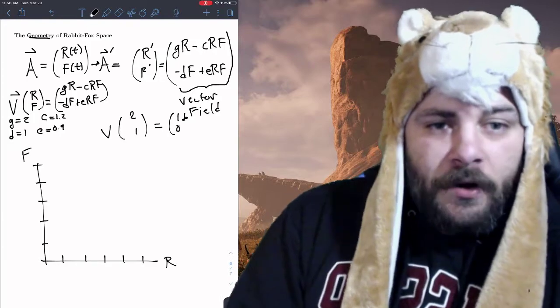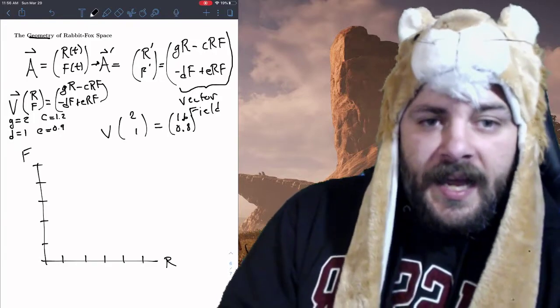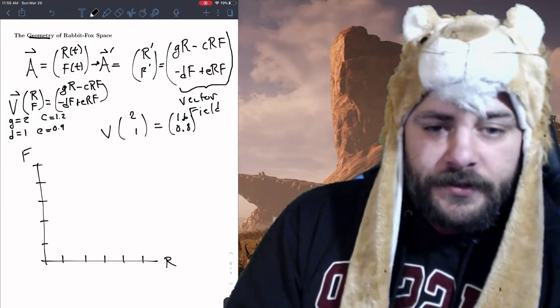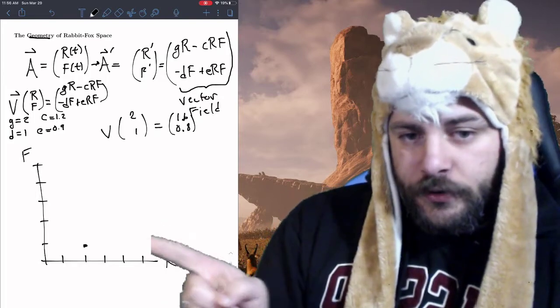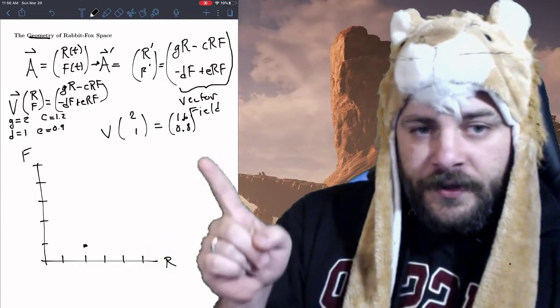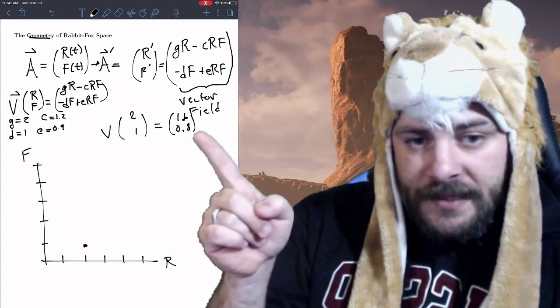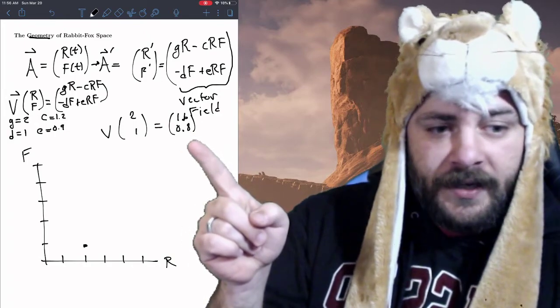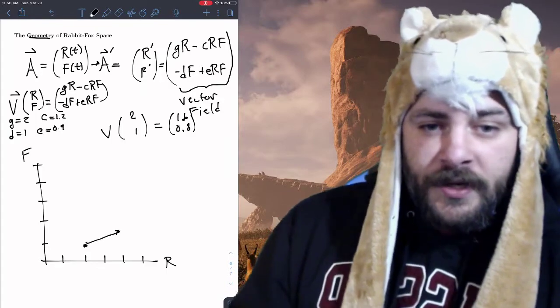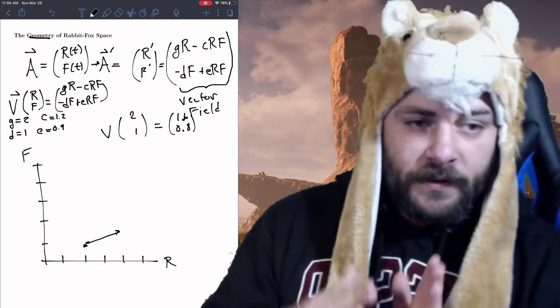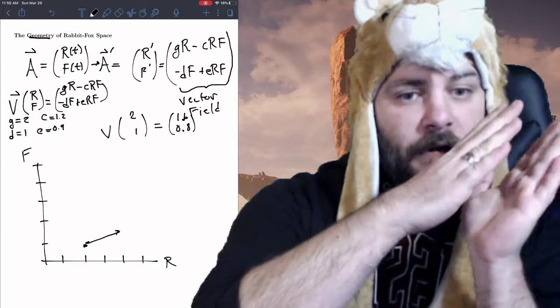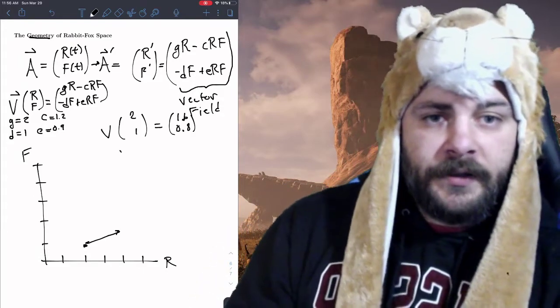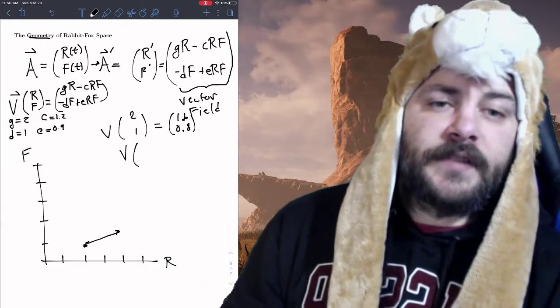And remember, that's dR/dt, the rate of change of rabbits, and 0.8 for foxes. So that means if you start at the point (2, 1), then you can expect a growth of about 1.6 in rabbits, and about half as much in foxes. And remember, that's an instantaneous growth. So I can just draw a little vector there, and that's the direction of the flow off of that point. We can continue to do this for several other points.